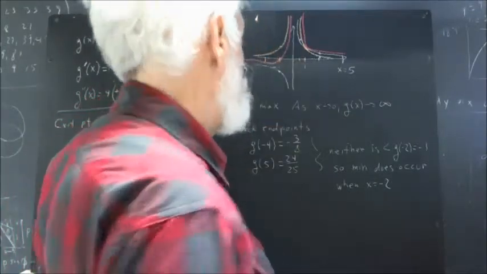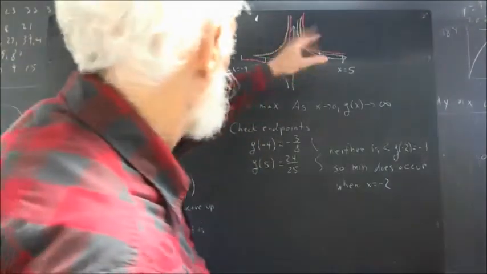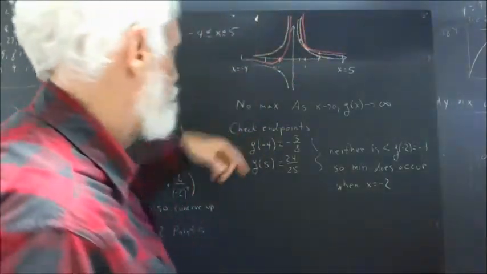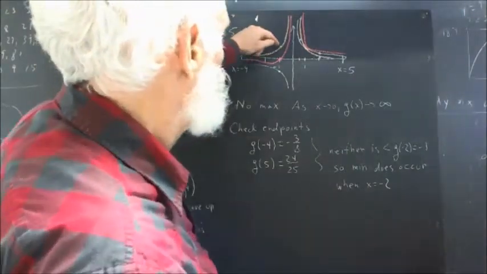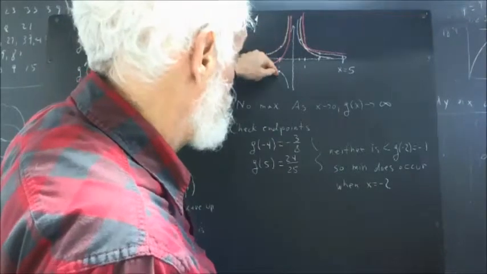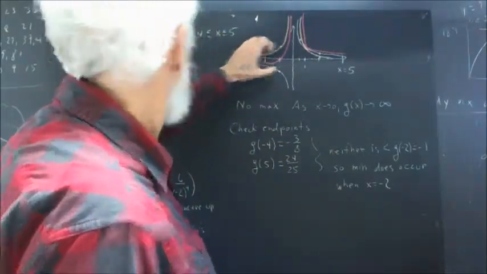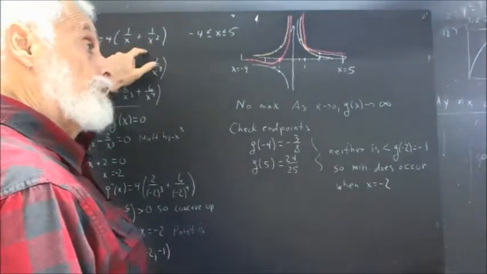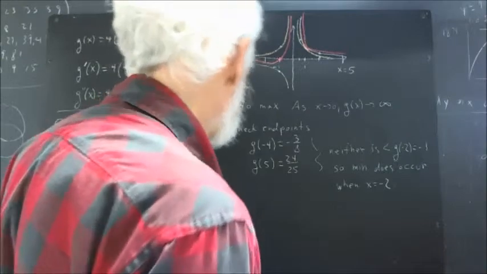When we add the two graphs, on this side it's not real interesting, but on this side it is kind of interesting. First, when x equals -1, we get +1 for this graph and -1 for this graph, so the two values of 1 over x and 1 over x squared add up to 0.